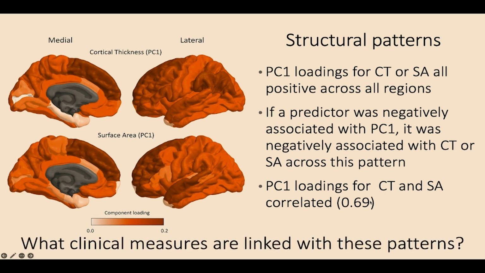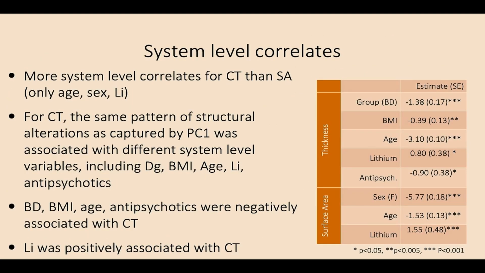The key question then was, what clinical measures will be linked with these patterns? And what we saw is that in general, we found more system-level correlates for cortical thickness than surface area.